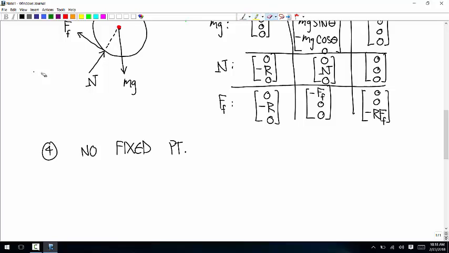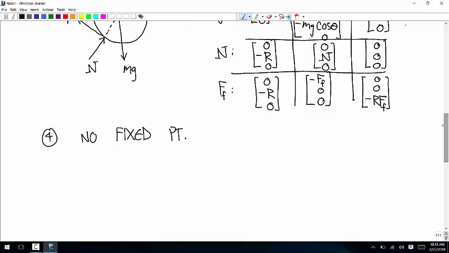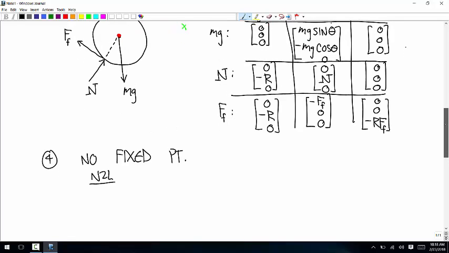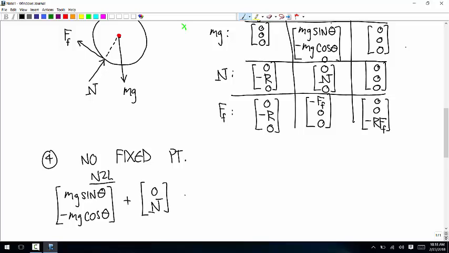Okay, so Newton's second law says mg sine theta, negative mg cosine theta, plus 0, N, plus negative FF, 0, is equal to the mass times the acceleration.